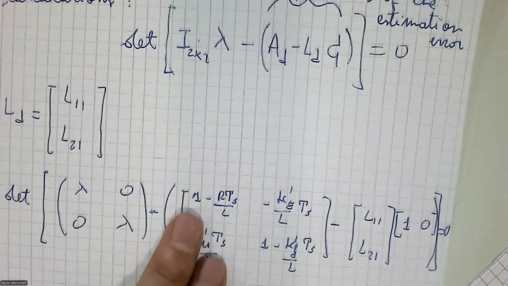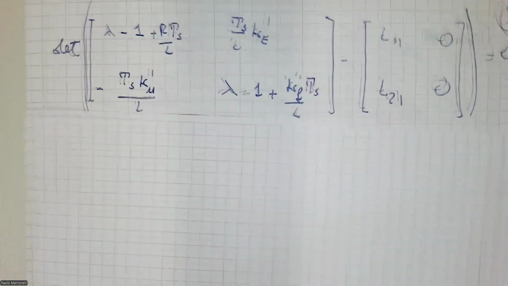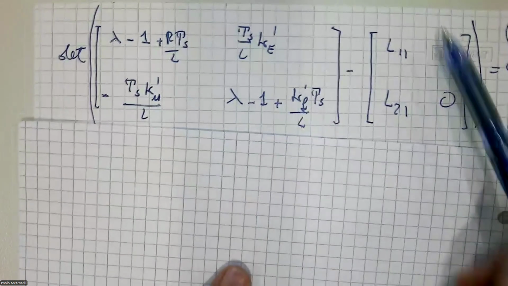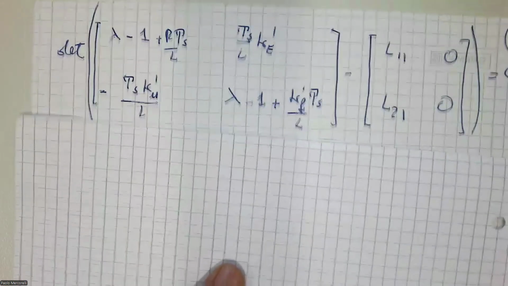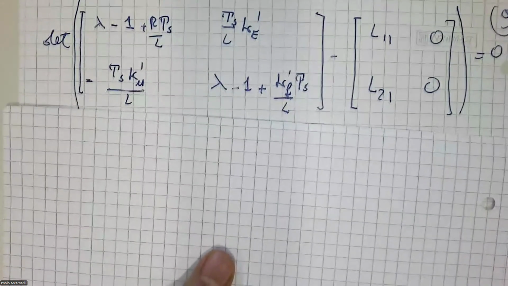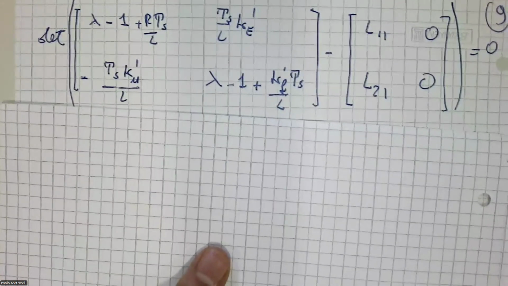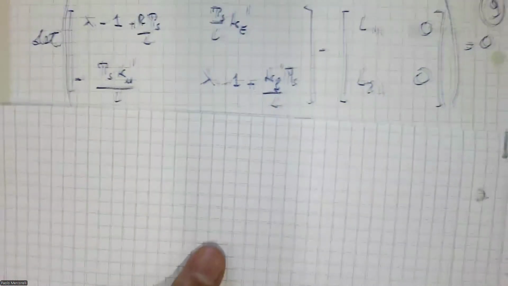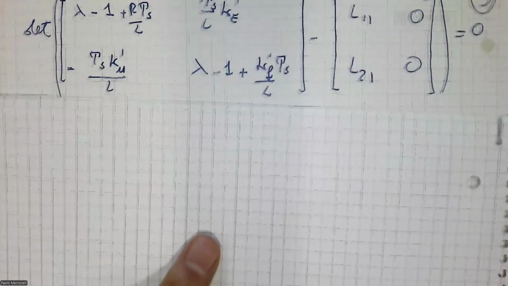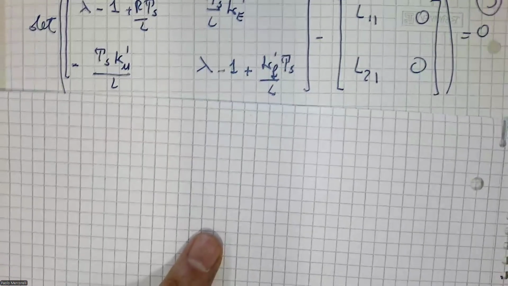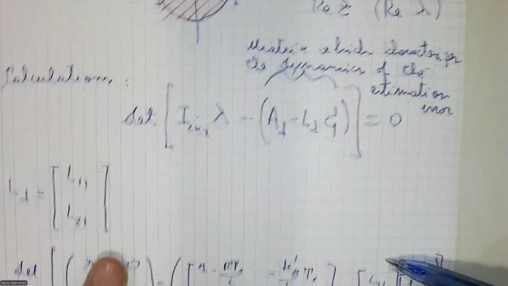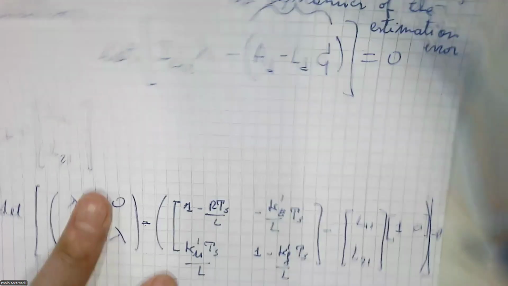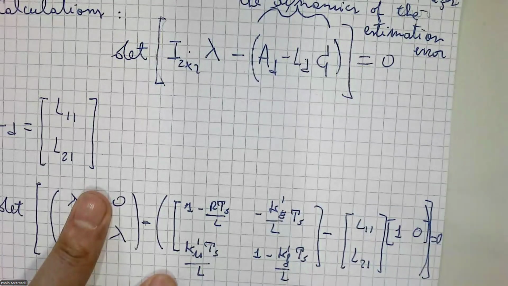Let me show you. I do some algebraic calculations. I will multiply here LD by C. We have a vector with 2 rows, 1 column, which multiplies a matrix with 1 row, 2 columns. We will have 2 times 2. This multiplied is a matrix 2 times 2.